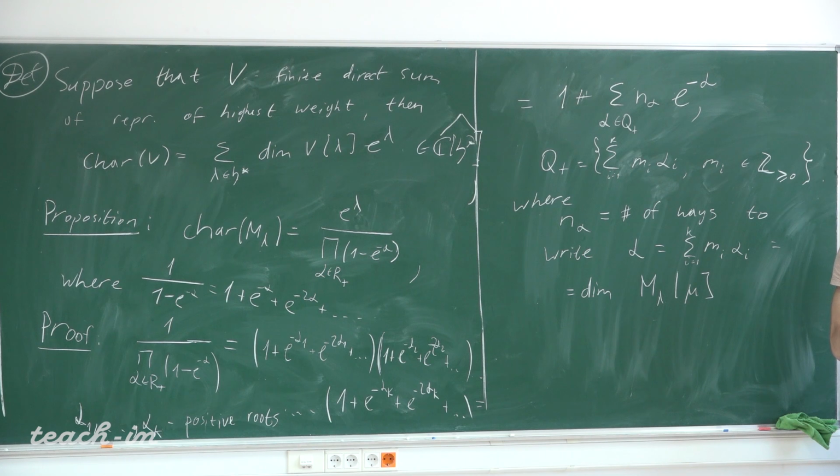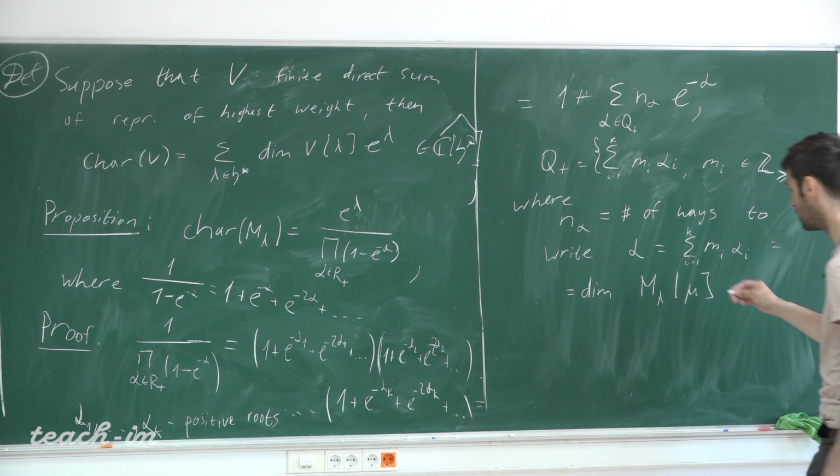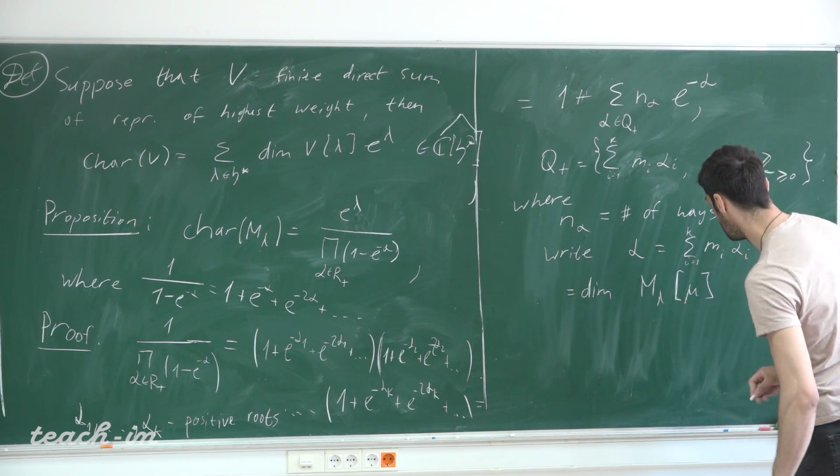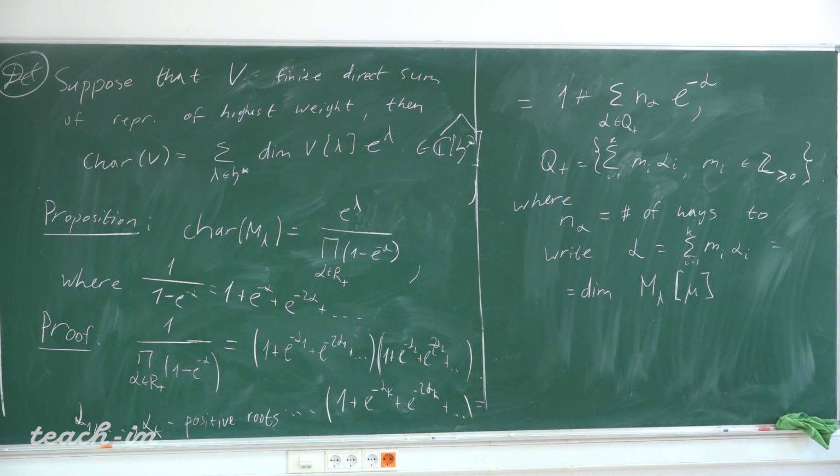So actually, the number of ways you can get to this weight by applying negative roots is the answer, but you cannot count permutations separately, so alpha 1 plus alpha 2 is the same as alpha 2 plus alpha 1.